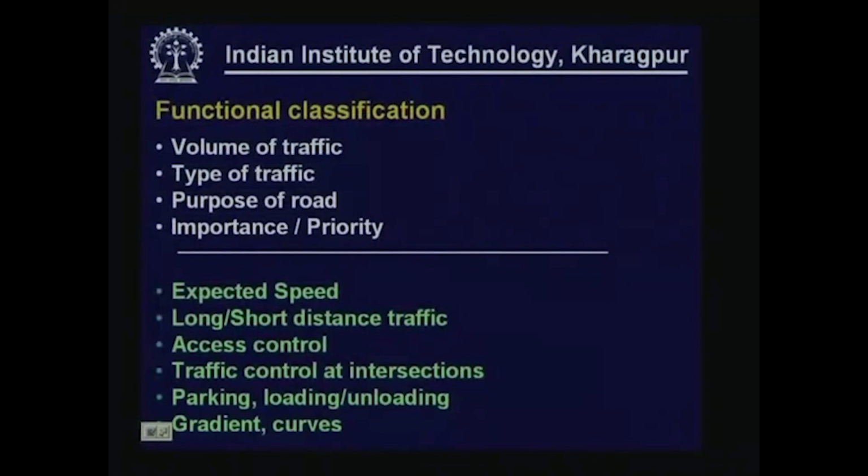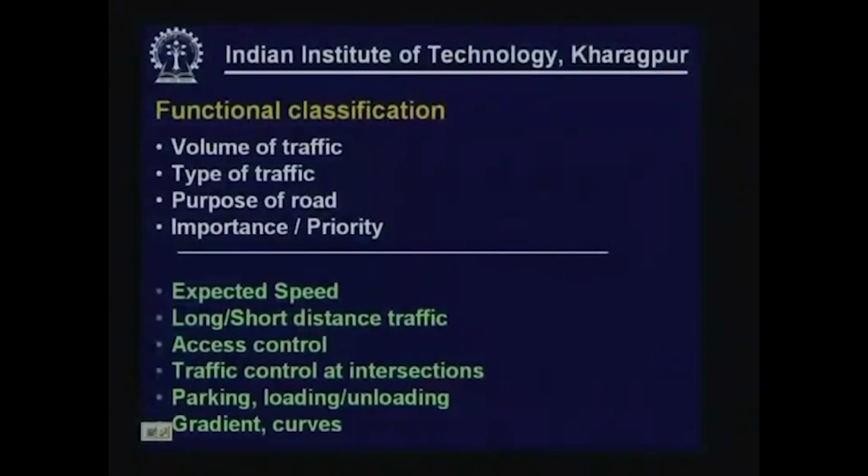The purpose of the road itself may be different. While in a residential area, the primary purpose of the road may be to give access to the buildings, whereas for some other roads, what we normally see may be wider roads, higher category of road, I am not trying to define it at this stage.